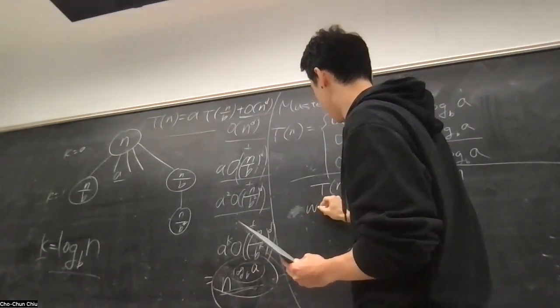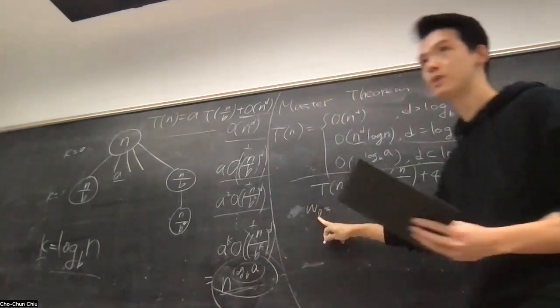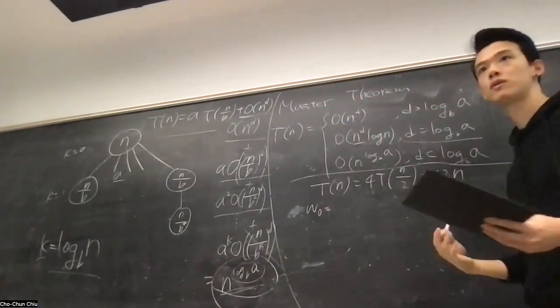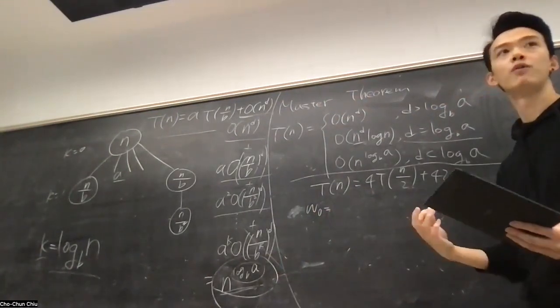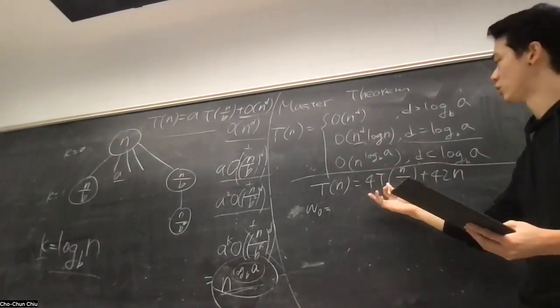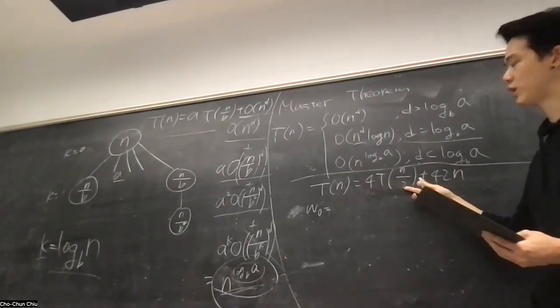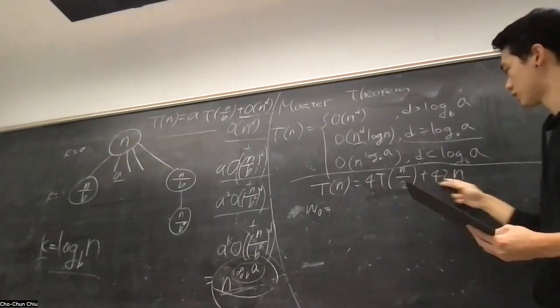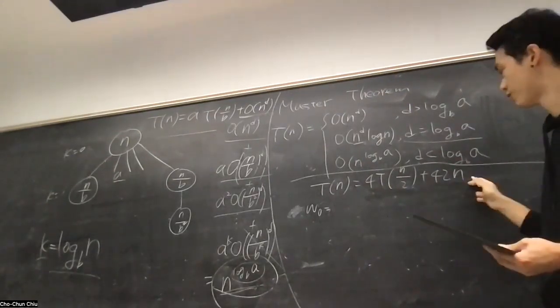Let me just use W0. 0 means the first layer. So what's the size of work we're going to have in the first layer? So we will have something for some problems, right? For the 0 layer, we have this.